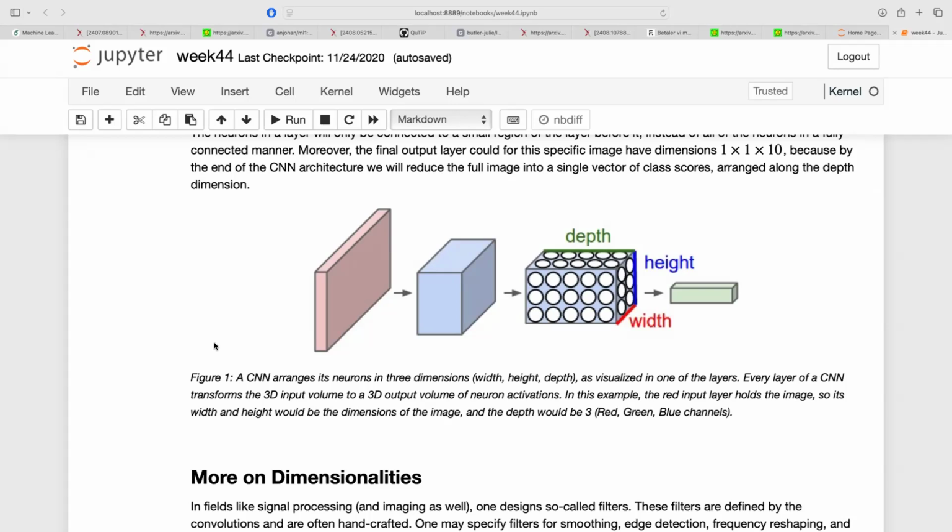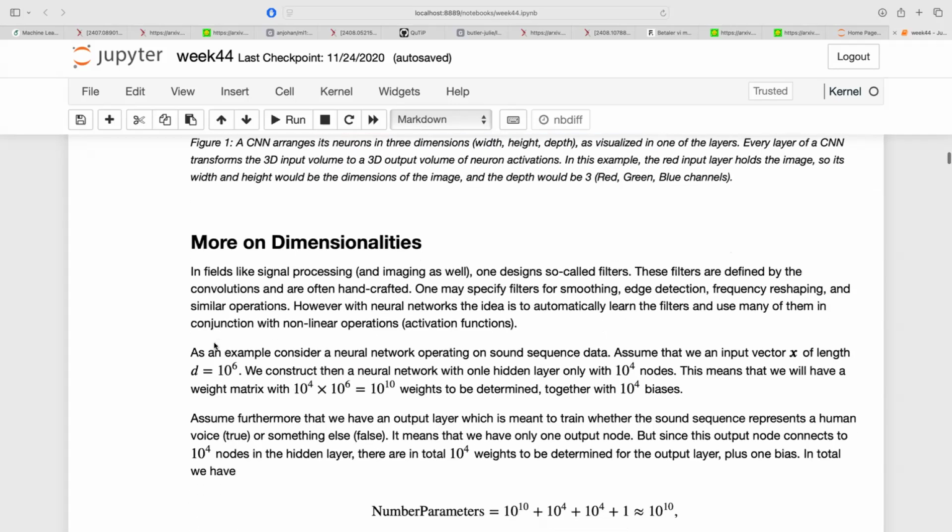I don't know how familiar you are with the process of convolution and filters in imaging, but this is a pretty common recipe by which you can try to reduce the dimensionality of the information you have. There is an example here.